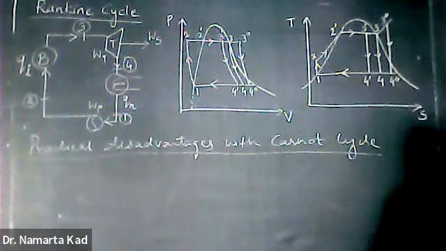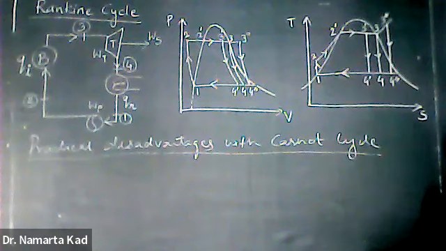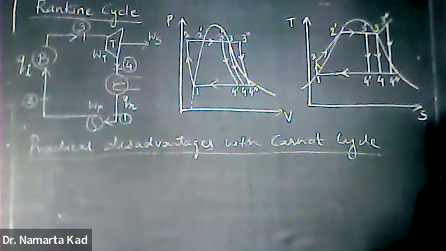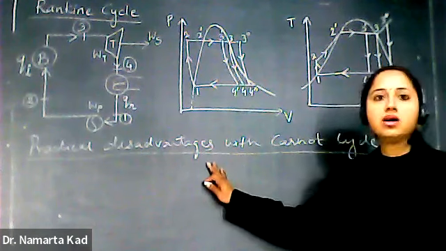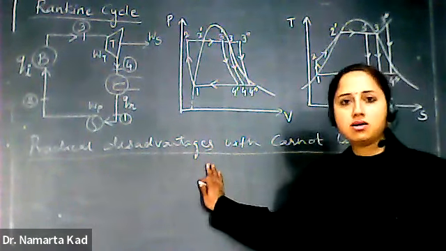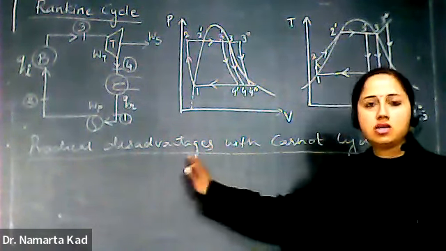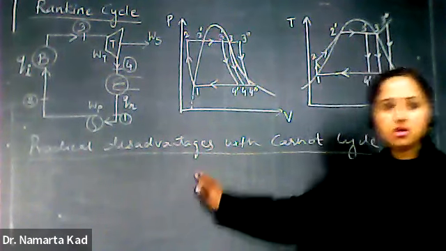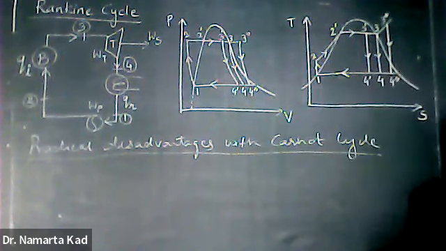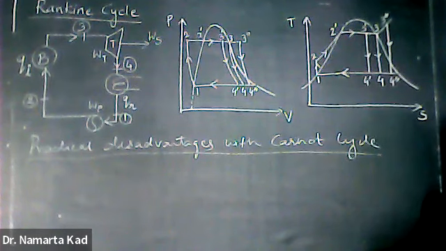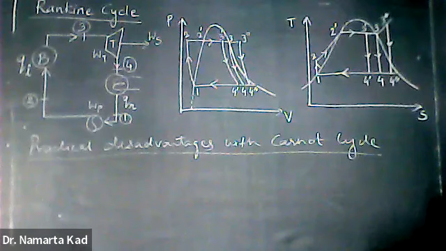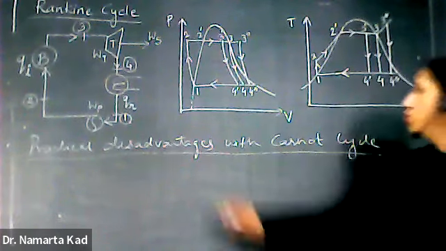The first disadvantage is that it is very uneconomical to use the Carnot cycle in practical thermal power plants. The condensation process in the Carnot cycle is not that feasible, and it is very difficult to achieve the desired quality of steam at stage 1.